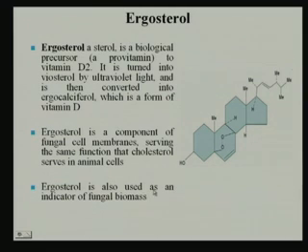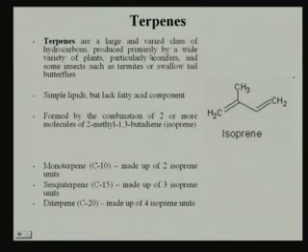Ergosterol is also used as an indicator for fungal biomass estimation. Now, as I have told, phytosterol is present in the plant, and ergosterol is present in another type of microbial world, that is the fungus, the filamentous fungus. In any case of fungal biomass, this ergosterol is present.